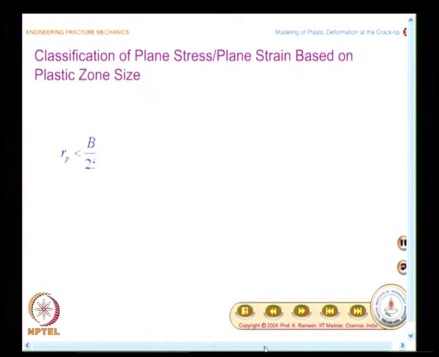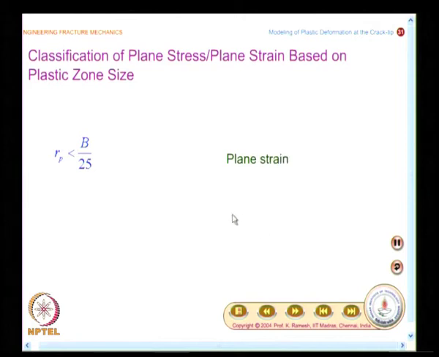Now, what we will look at is another aspect that we understand from looking at the size of the plastic zone. We have looked at how to get the value of r_p, that is the size of the plastic zone.